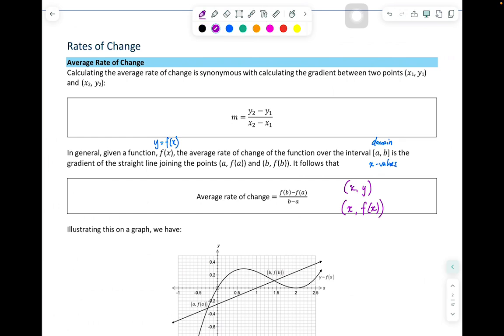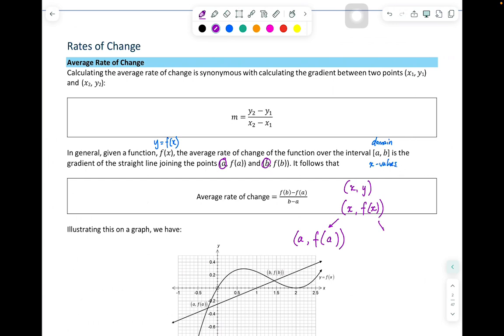So if our coordinates are a and b for our x values, you can see that our x value is a, therefore our y value will be f of whatever our x value is. In this case it's a.